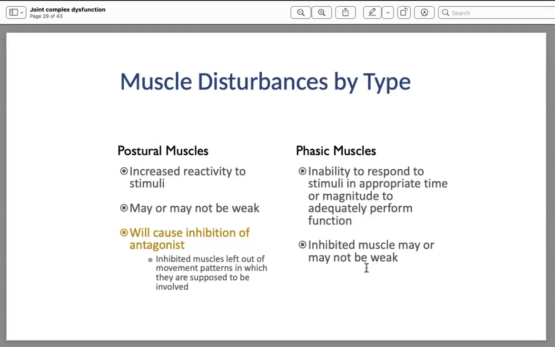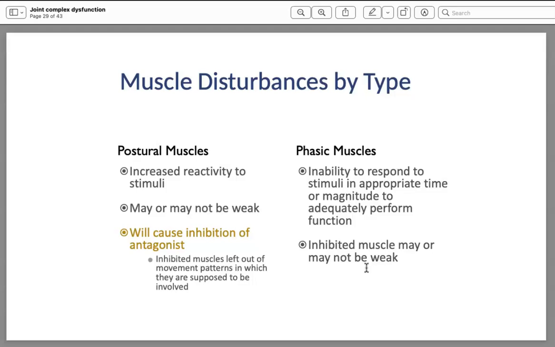Our postural muscles, like we said, may or may not be weak. We can have increased reactivity to stimuli, so they're overutilized. And it'll cause inhibition of the antagonist because we're overutilizing that agonist.